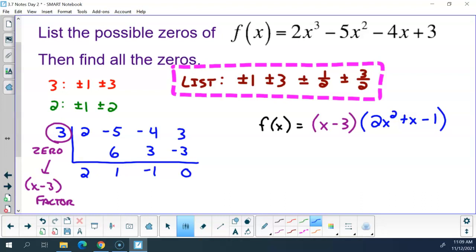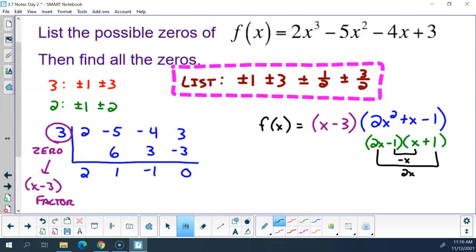Factor blue? Okay, does blue factor? To what? I got 2x minus 1 and x plus 1. Do we agree with that factorization? Well, that would give us here -x, here positive 2x.